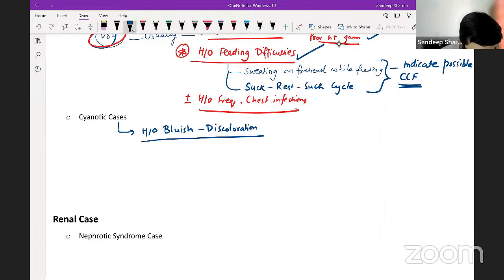There is some connectivity issue I'm just getting. Just let me know if the voice has improved or not. Sometimes there is a dip. Am I audible and visible now?